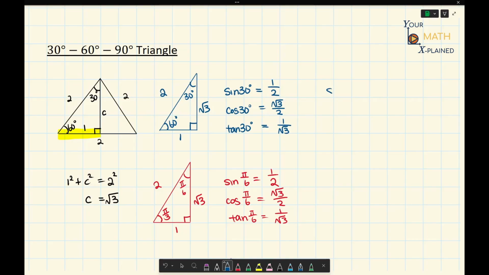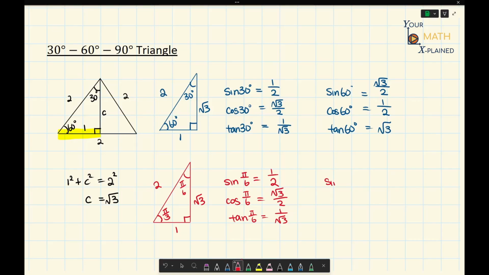So that'll be sine of 60 degrees is equal to opposite over hypotenuse, which is now root 3 over 2. Our cosine of 60 degrees is now 1 over 2. And our tangent of 60 degrees is now root 3 over 1, which is just root 3.